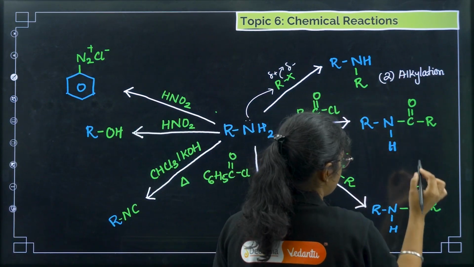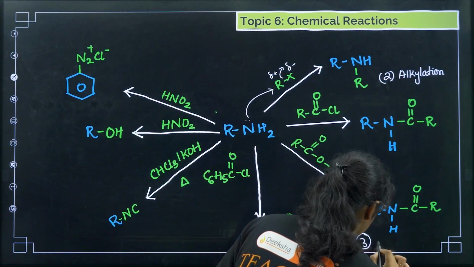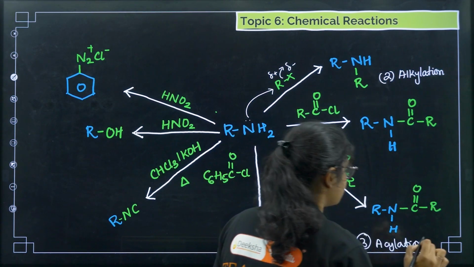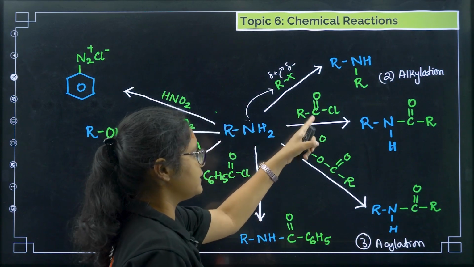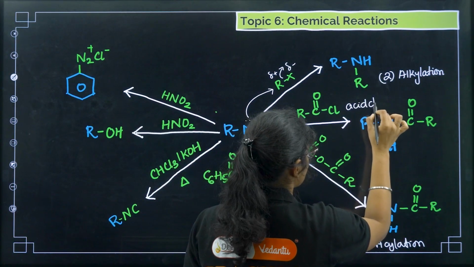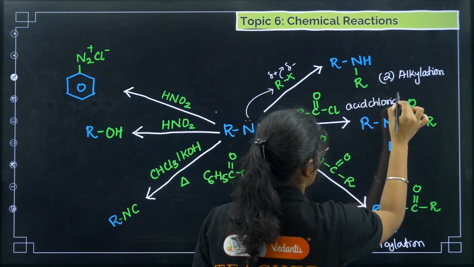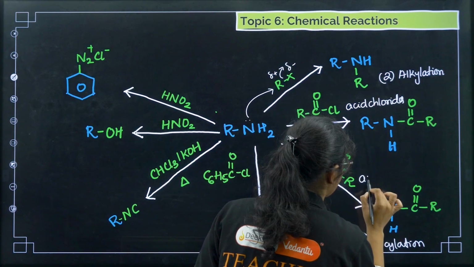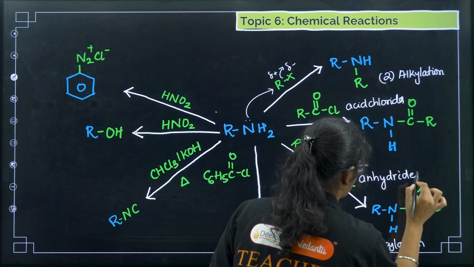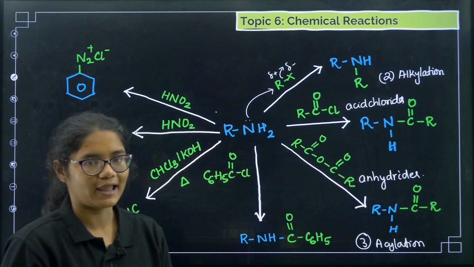Next one, the third one is acylation. For acylation, you can react the amine with either acid chlorides or anhydrides.